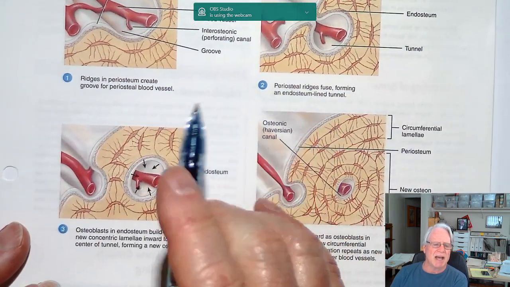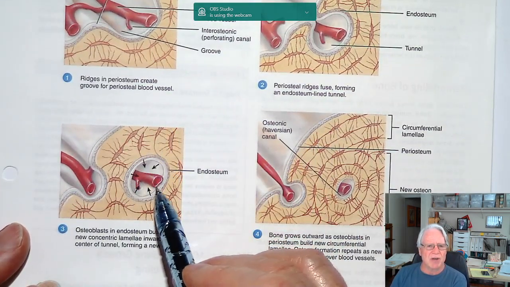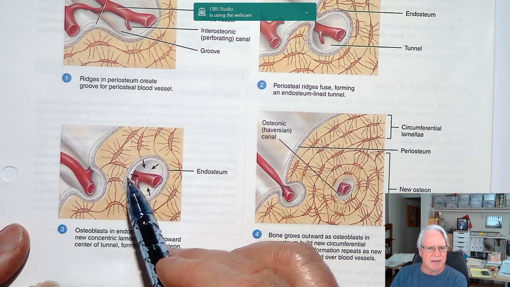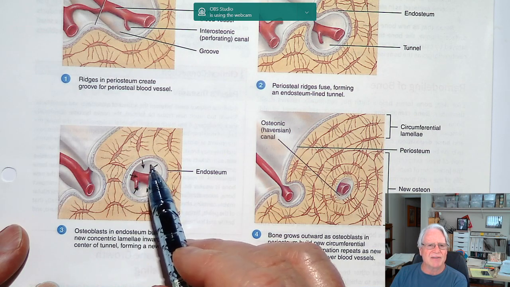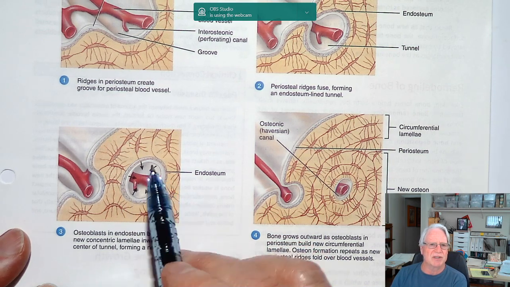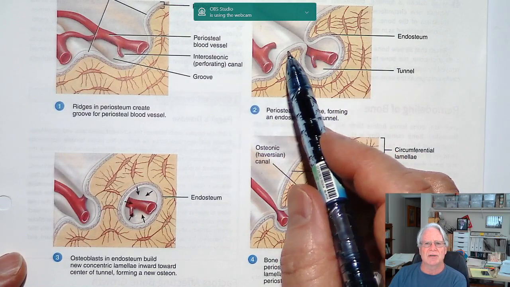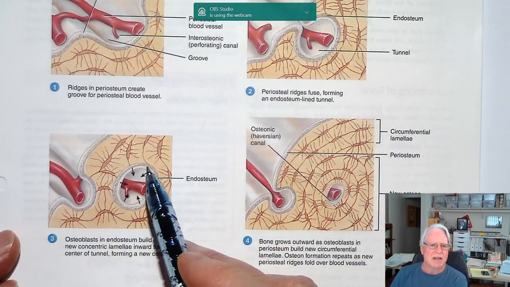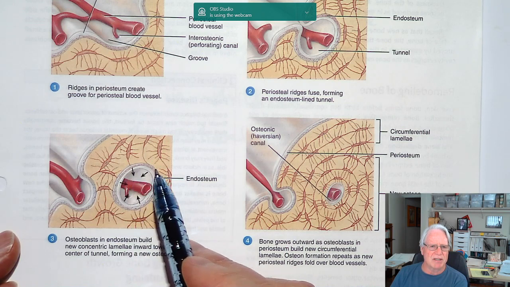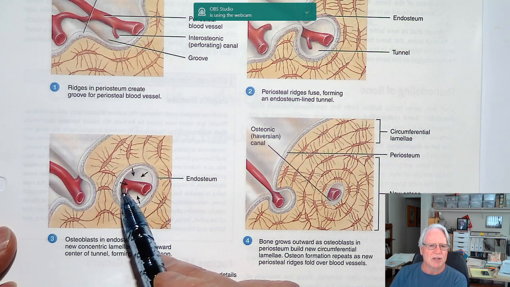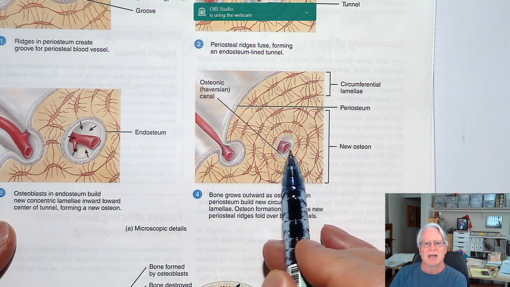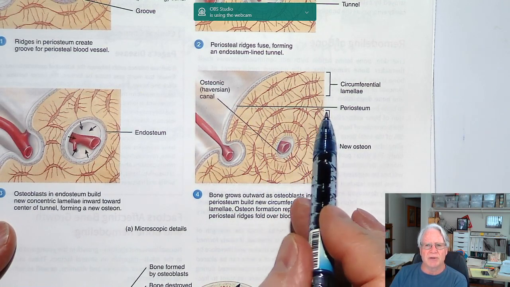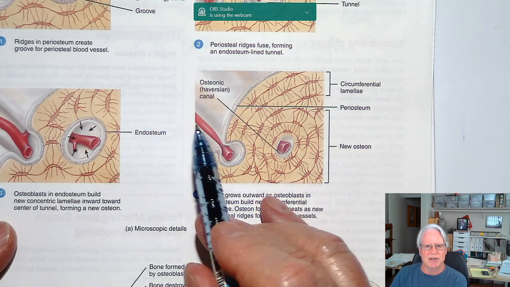Then the blood vessel is trapped within a cavity, a canal, if you will, and we can reduce the size of that canal because this tissue is essentially the same as this tissue here. It is going to be lining the blood vessel. We have the ability to add new osteoblasts here, so we can thicken this wall. Eventually we get a series of concentric circles around the artery. We create the osteon, and that process is just going to move out.